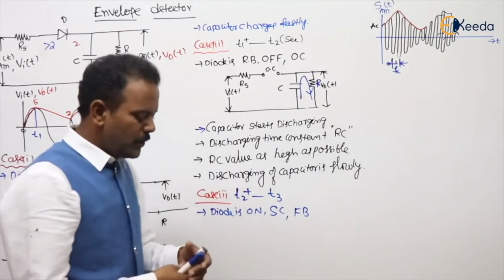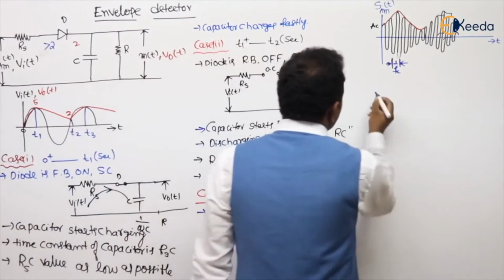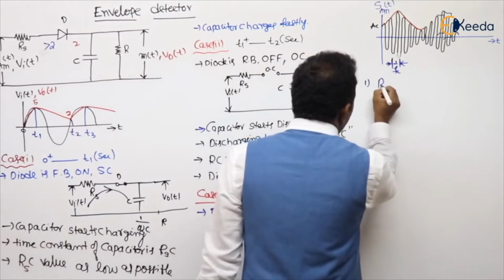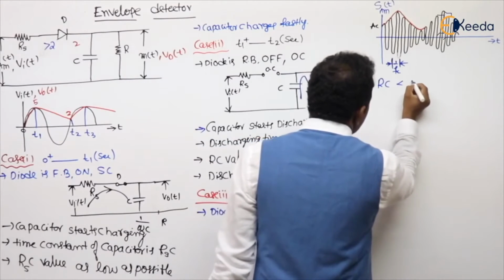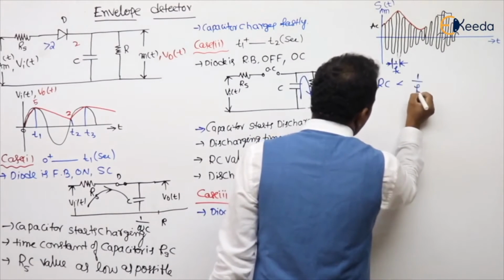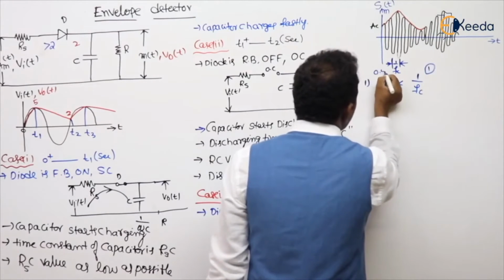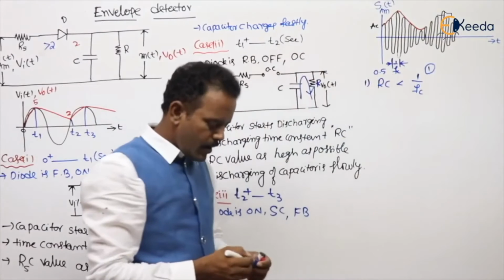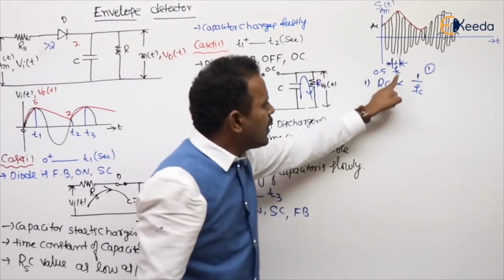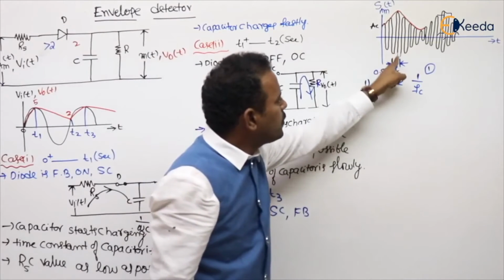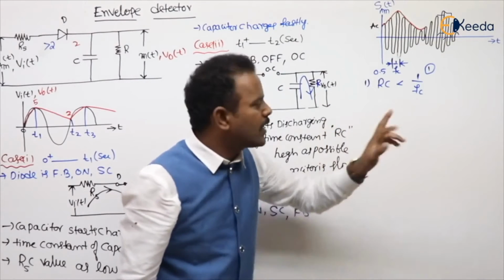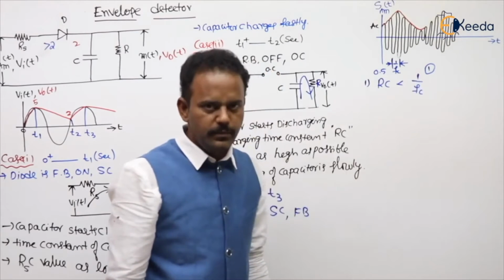First let us consider the negative case. For example, the discharging time constant is less when compared with 1 by Fc. For more clarity, say this is 1 second and this is 0.5 second. What is 1 second, sir? 1 by Fc. So the time from one peak to the next peak is 1 second.